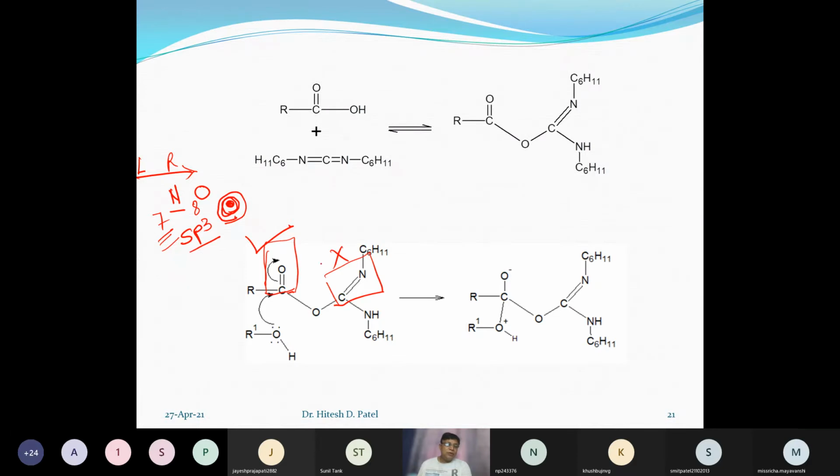More electronegative means it has a tendency to pull electrons from the carbon, and it is stronger than nitrogen, and that's why this carbon becomes more electropositive as compared to this. This is the only reason the reaction will take place on this carbonyl group, not on the imine, that is, C double bond N.